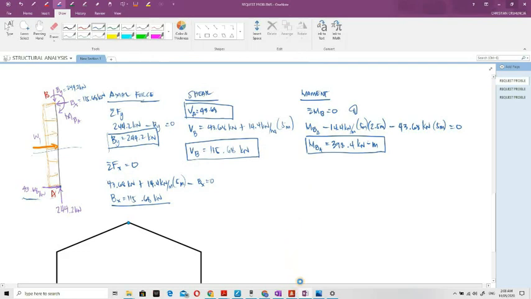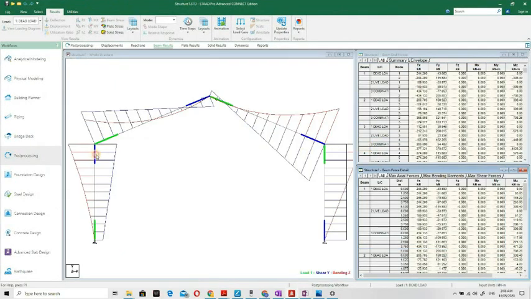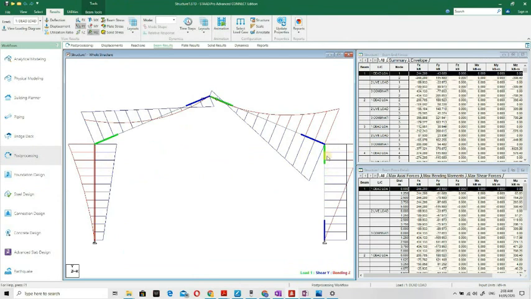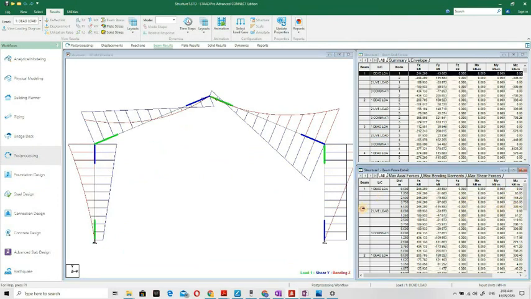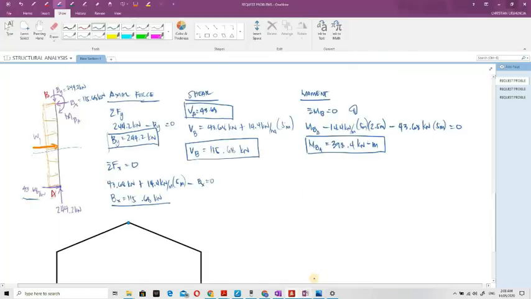Okay, so tama ba yung nakuha natin? So balik tayo dito sa member A. Ang bending moment dito is yung Mz. Okay? So itong Mz, 398.4. Okay? So nakuha naman natin yung same result sa STAAD Pro. Okay. So ano itsura ng moment diagram natin? So moment natin sa A is 0. Okay?